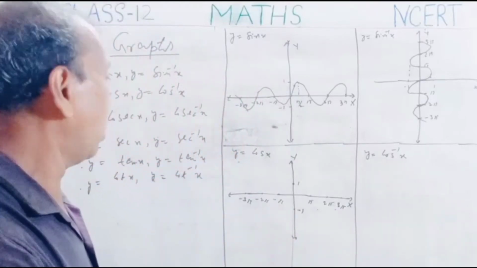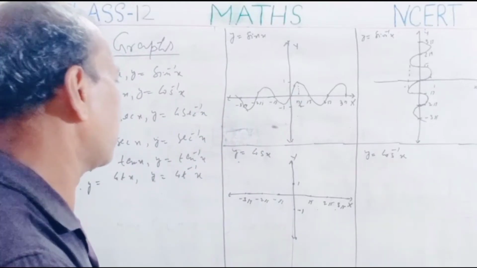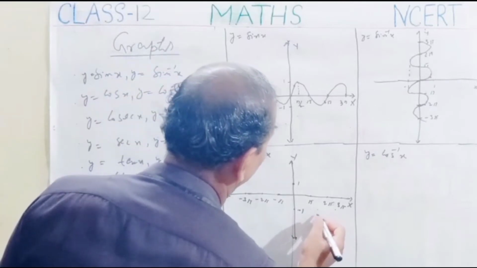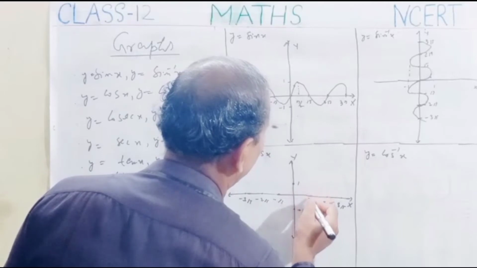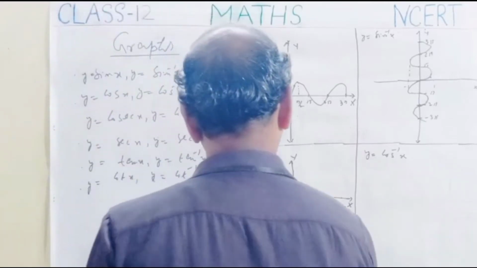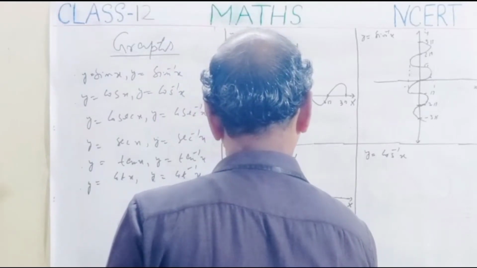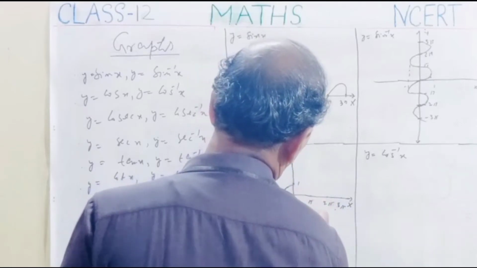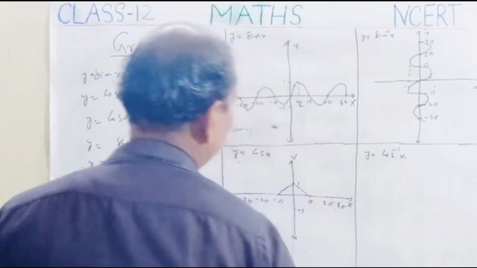So how to plot the graph of y is equal to cos x? I will plot the graph like this. Suppose at the midpoint here it is. The graph will be like this, and similarly at this point it is like this.